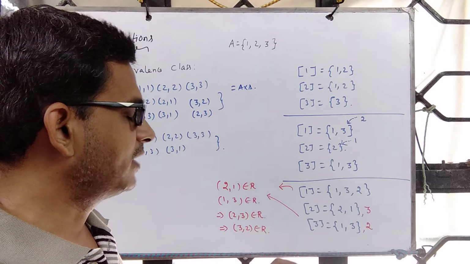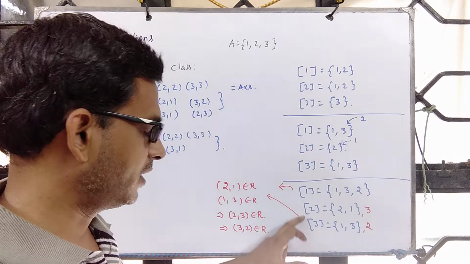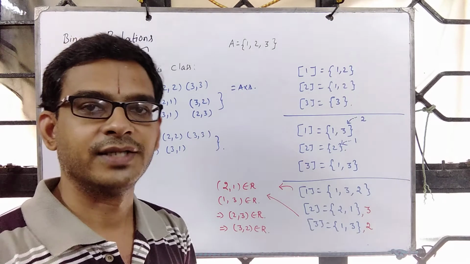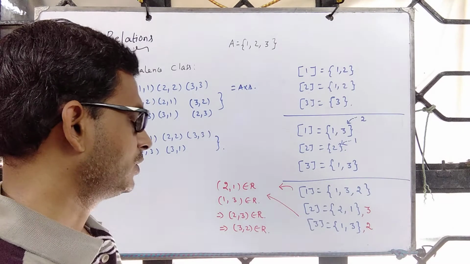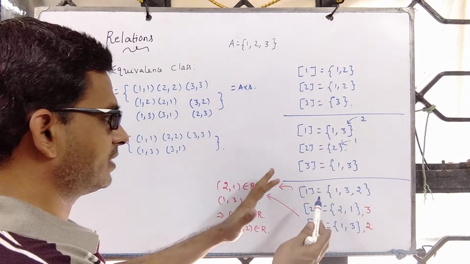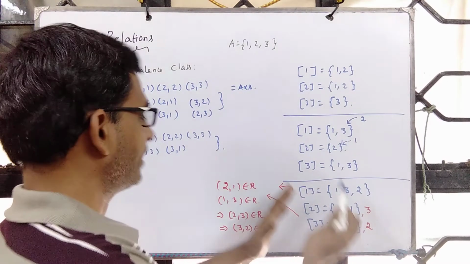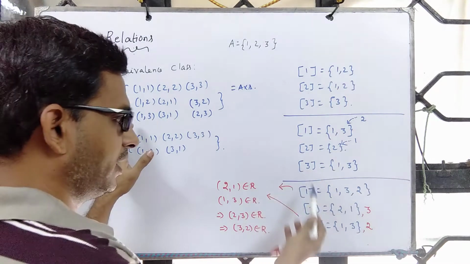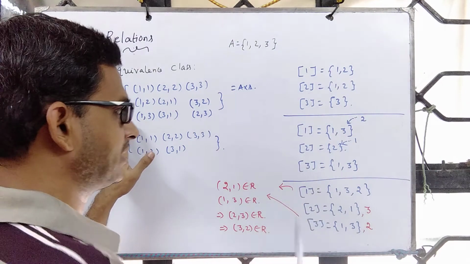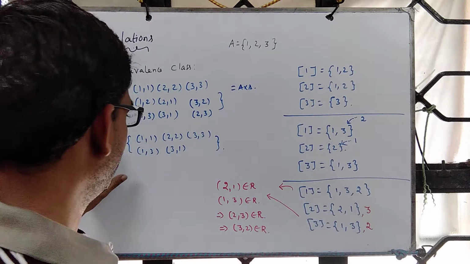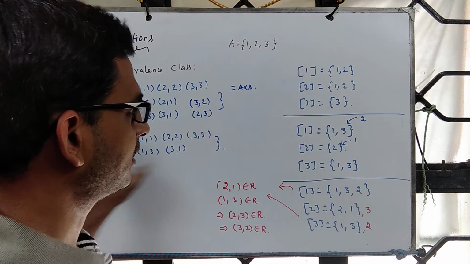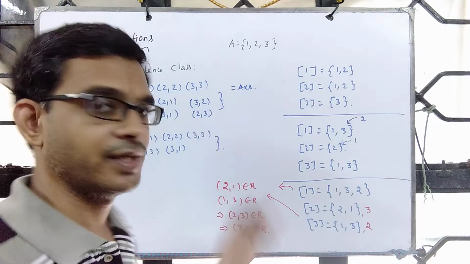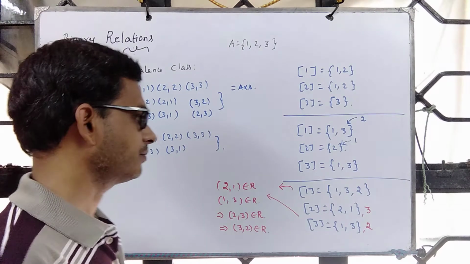And that tells you that any two equivalence classes are either equal or disjoint. And so in some sense, you can construct an equivalence relation from the given set of equivalence classes, or given an equivalence relation, you can construct the set of equivalence classes.